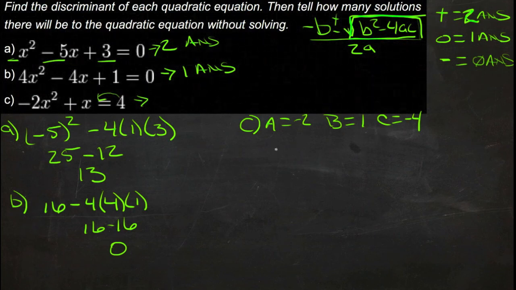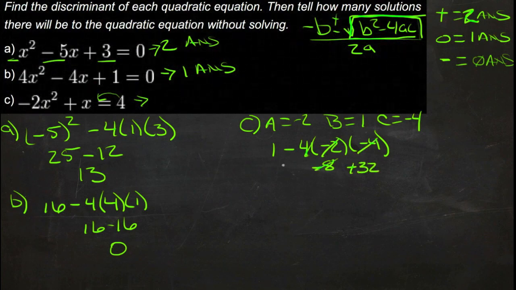So now we have b squared, that's 1, minus 4 times negative 2 times negative 4. 4 times negative 2 is negative 8. And negative 8 times negative 4 is positive 32. So now we have 1 minus 32. That's negative 31. That's a negative number. So this one's going to have 0 real answers.